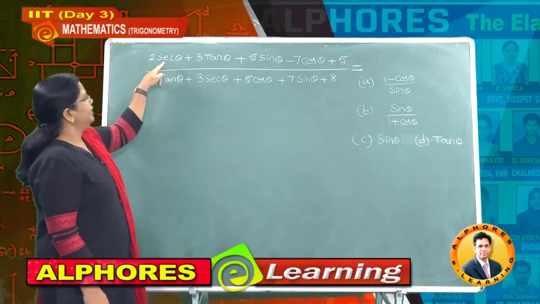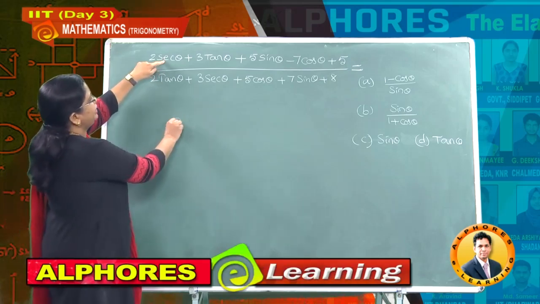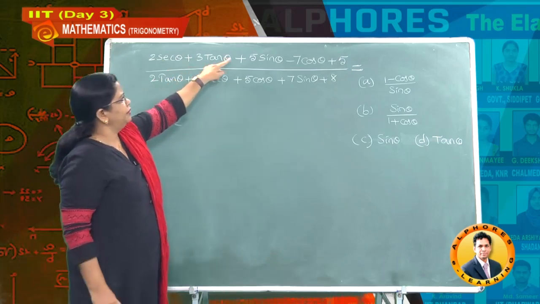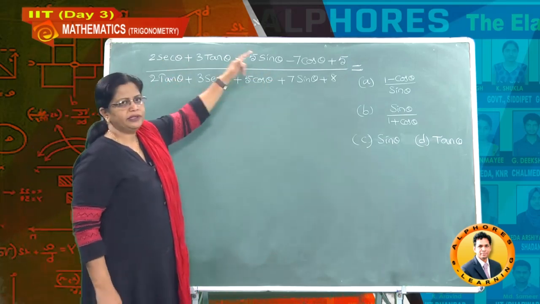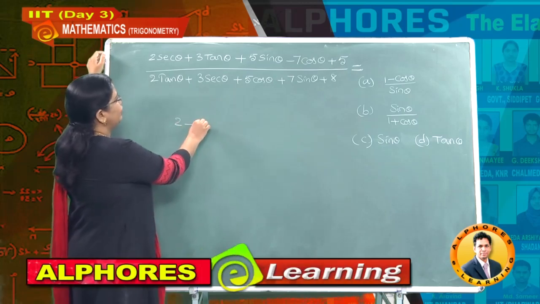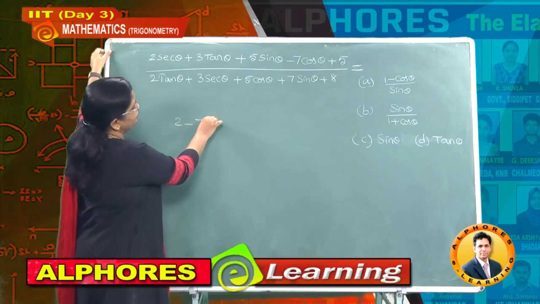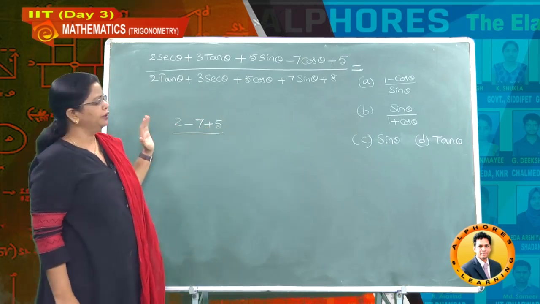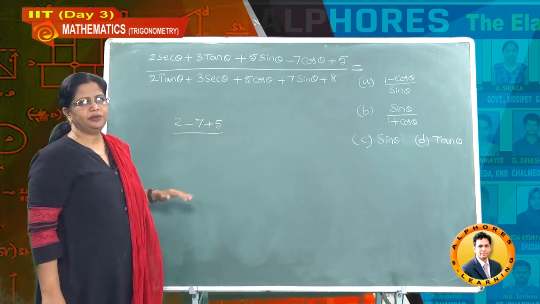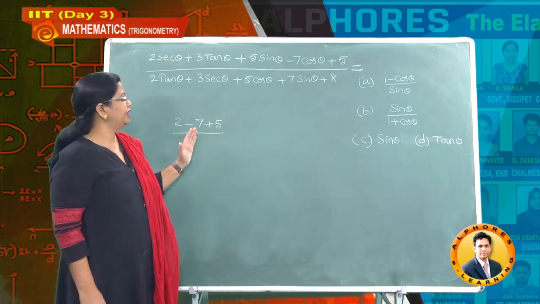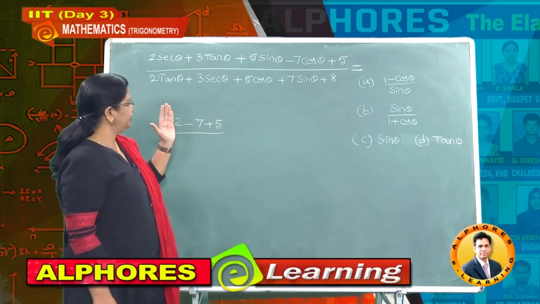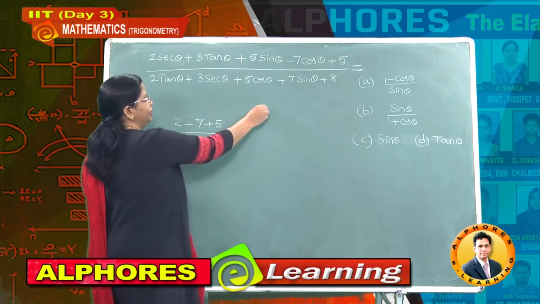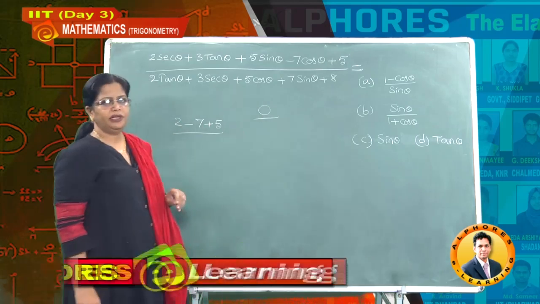So theta 0 means this will become as 2 here, tan 0 is 0, sin 0 is 0, cos theta value is how much again? 1. So 2 minus 7 plus 5. So that numerator you got how much? 0. Once you got numerator 0, immediately don't confirm the answer is 0. So whenever you got numerator as 0, you have to check about denominator also.